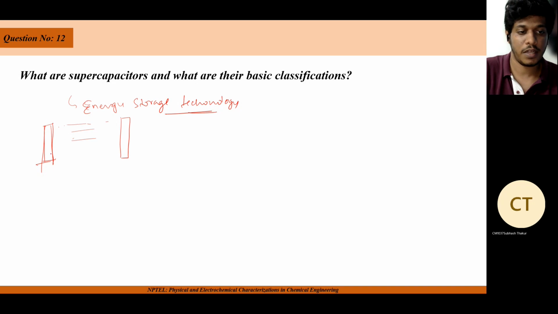If this electrode is positive or negative, when it is charged, the counter ions present in the electrolyte would come closer to this electrode, and this charge separation basically stores charge. This is a very fundamental way of explaining what a supercapacitor is.